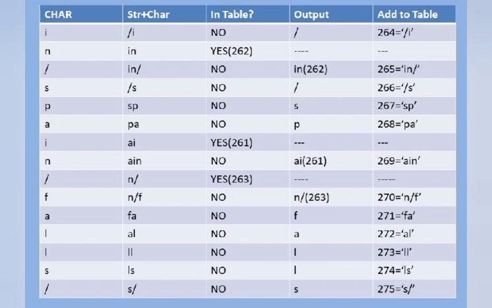Whenever this happens, and the answer to the question whether a string exists in the table is yes, we will not output anything, nor will we add anything to the table. And the reason is that in already exists in the table.